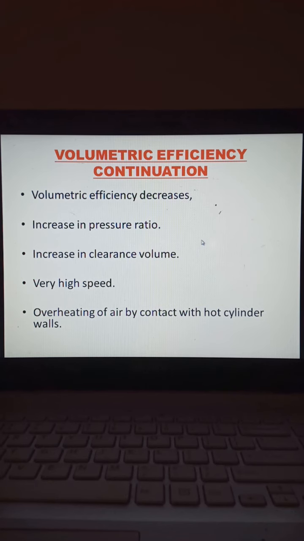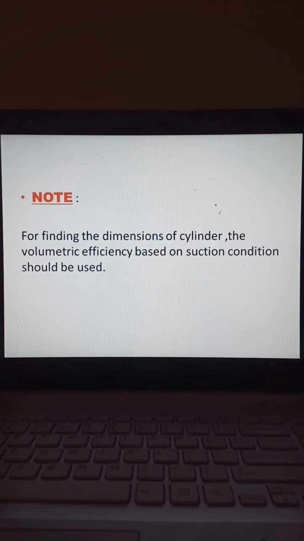Now overall efficiency is clear and volumetric efficiency is clear, and we know the equations and the concept for the derivations to calculate the volumetric efficiency. The main difference between the volumetric efficiency and the overall volumetric efficiency is that for finding the dimension of the cylinder, we use the volumetric efficiency based on the suction condition.